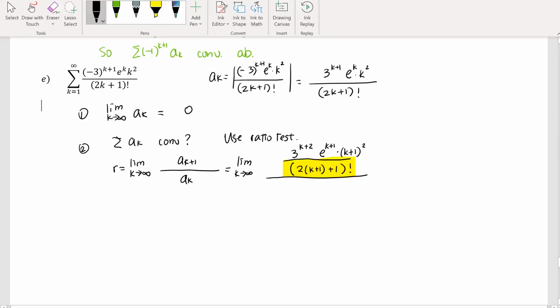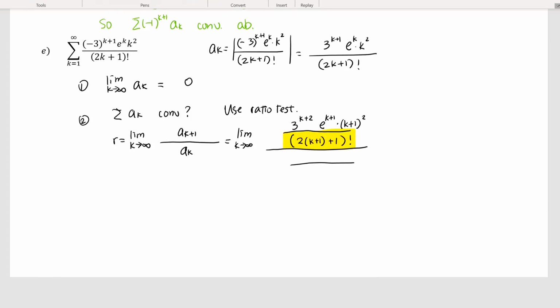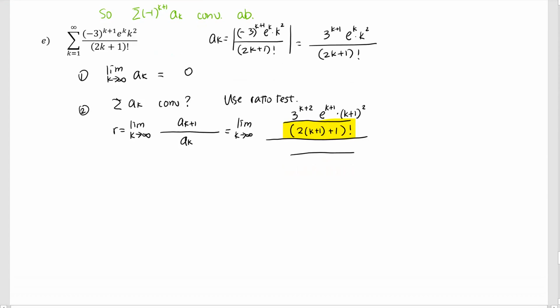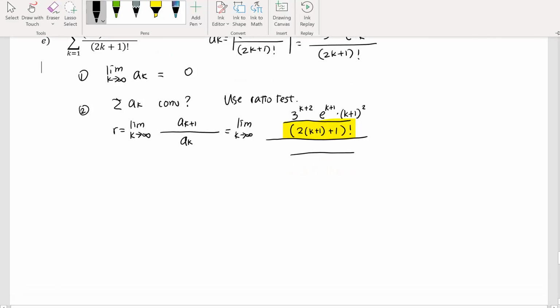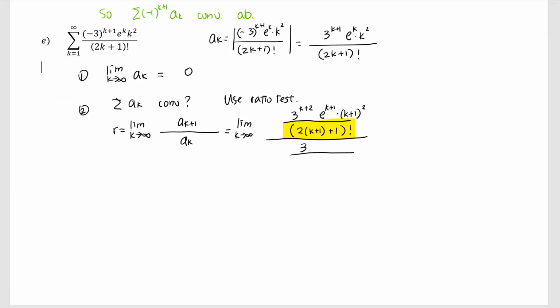Let's continue. And the denominator will stay the same. So we have 3 to the k plus 1 times e to the k times k squared and 2k plus 1 factorial. Okay. So let's see.